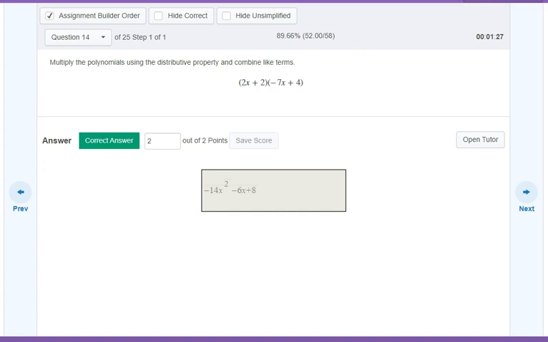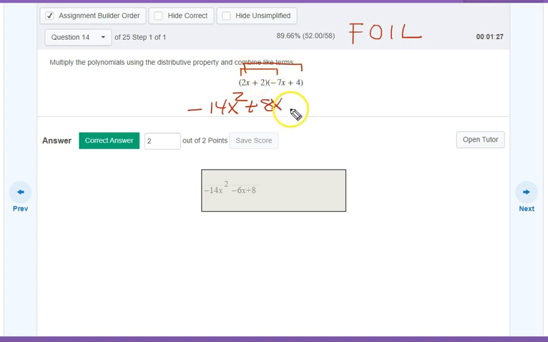Now here you could use any method, but I'll use the FOIL. We're reviewing the first. So 2x times negative 7x is a negative 14x squared. Now my outers are a positive 8x.